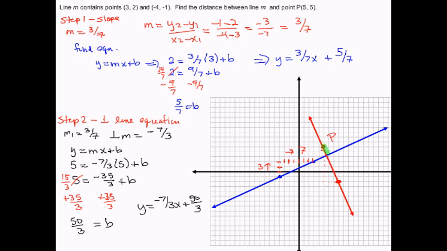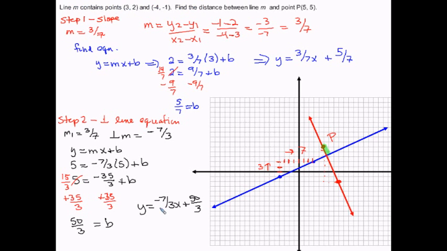Okay, so I have my 2 equations. Y is equal to 3/7 x plus 5/7. So I'm going to write that down. And y is equal to negative 7/3 x plus 50/3. Now this system is going to be ugly to solve because of all these fractions.